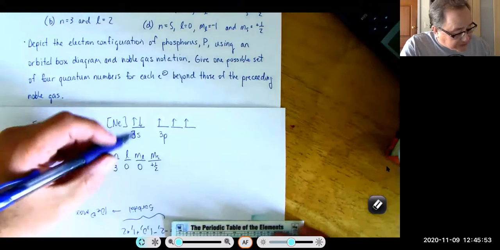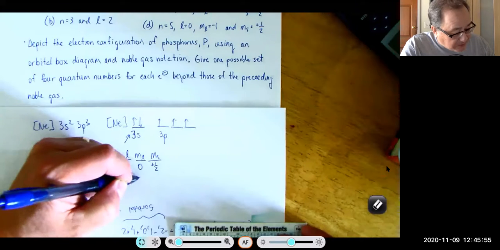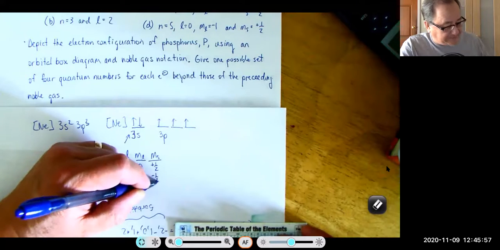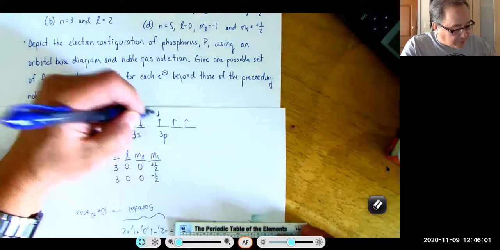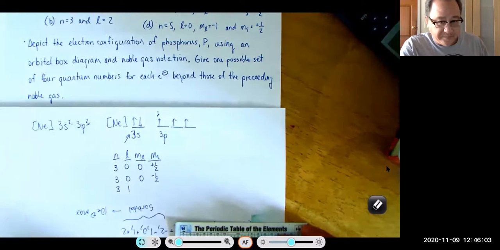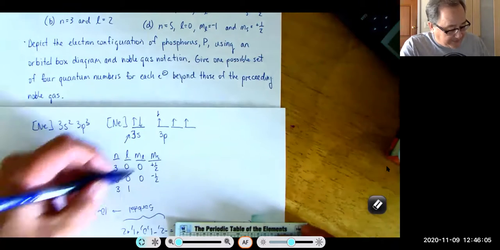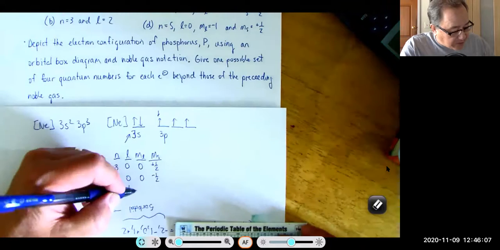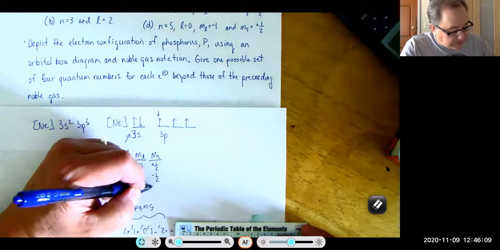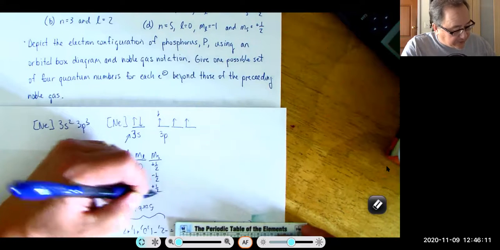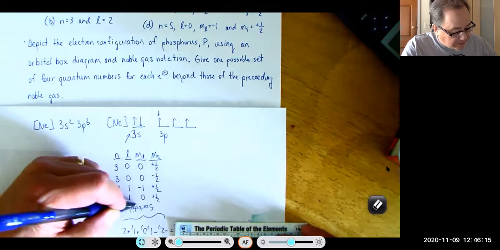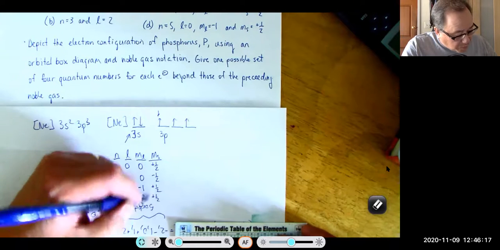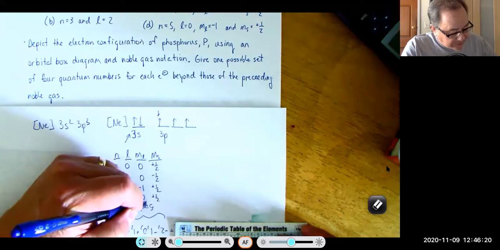And the guy next to it is going to be 3, 0, 0, minus 1/2. What about this guy? It's going to be a 3, 1, because of the P, and we're going to call it -1, plus 1/2. And then 3, 1, 0, plus 1/2, and then 3, 1, 1, plus 1/2.